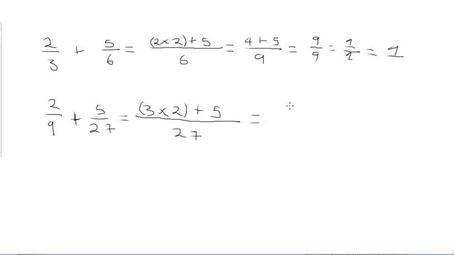3 times 2 gives us 6, plus 5, and this is all over 27. 6 plus 5 gives us 11 over 27. Is there a number that can go into 27 and 11 without leaving a remainder?